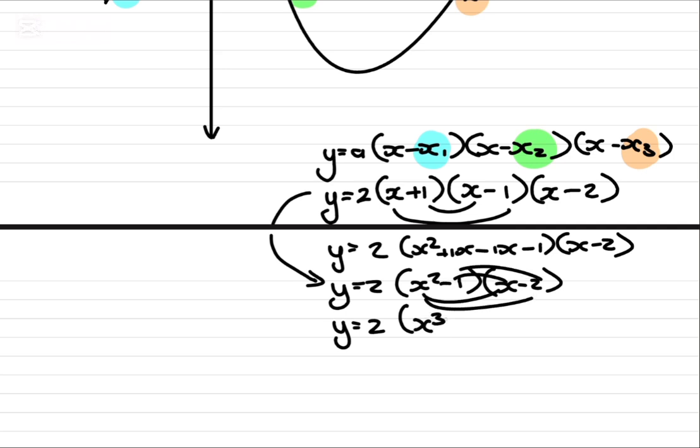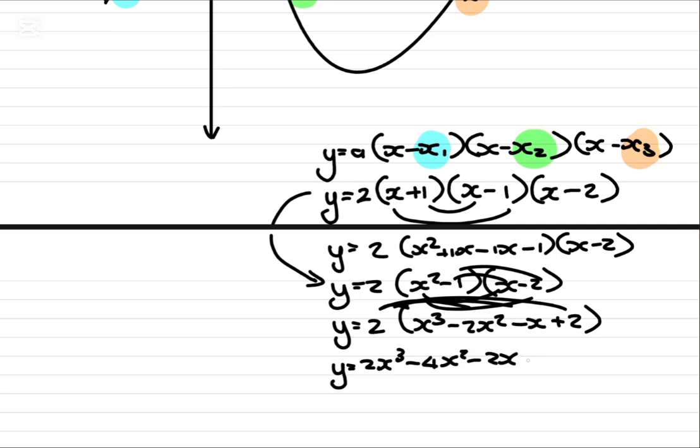So this is x to the power of 3 minus 2x squared minus x plus 2. And now I'm going to multiply my 2 in with all these factors. So this is 2x to the power of 3 minus 4x squared minus 2x plus 4.